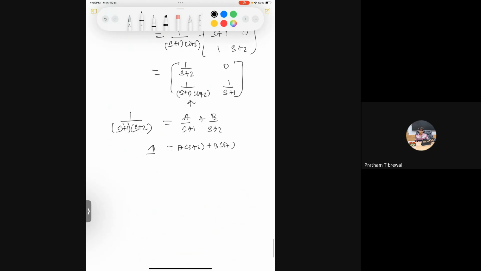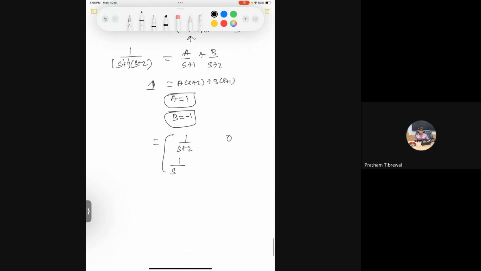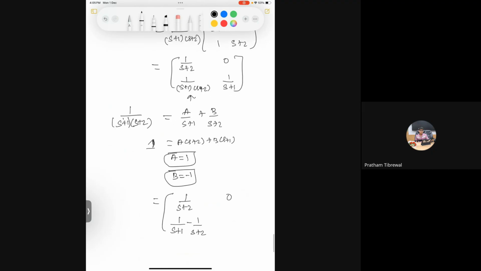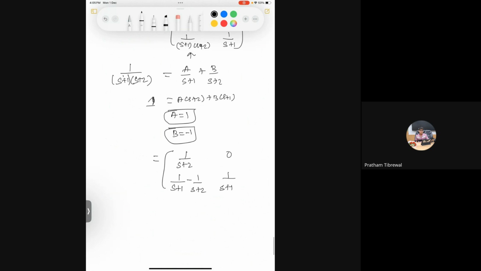If I put S equal to -1, A equals 1; S equal to -2, B equals -1. Then this will be 1 by S plus 2, 0, 1 by S plus 1, minus 1 by S plus 2, 1 by S plus 1. Right. This is the overall solution for this.